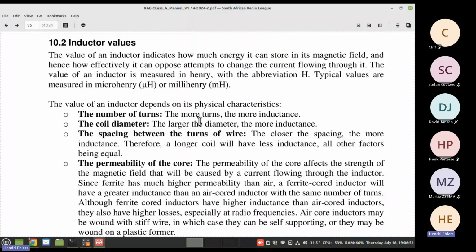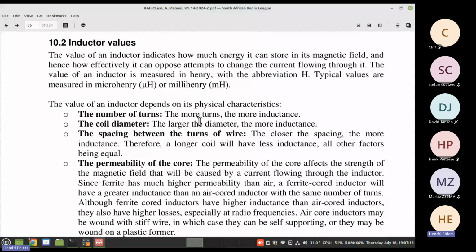The permeability of the core. Now you can use mild steel as a core. You can use a ferrite core, a ferrite rod, as a core, and that also affects the strength.